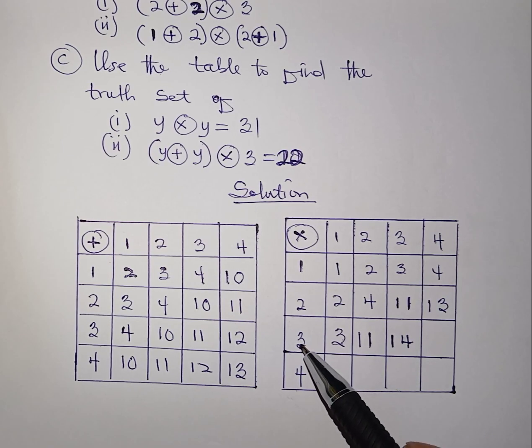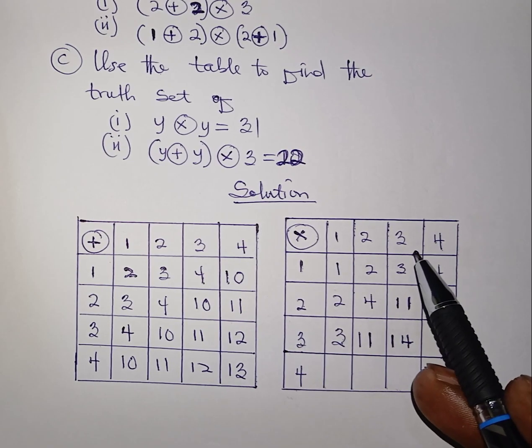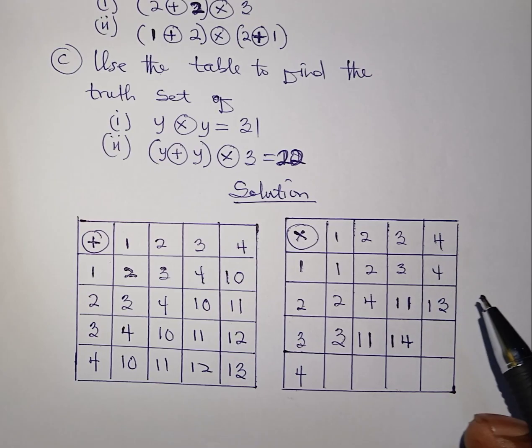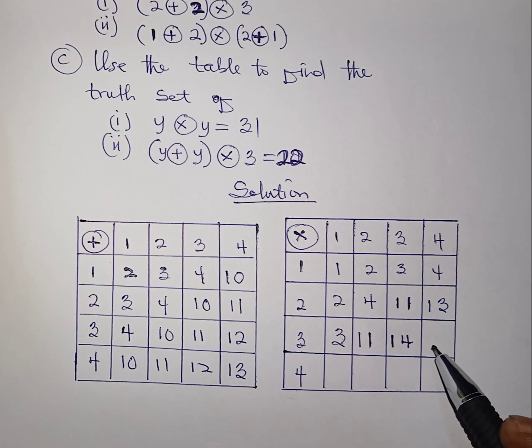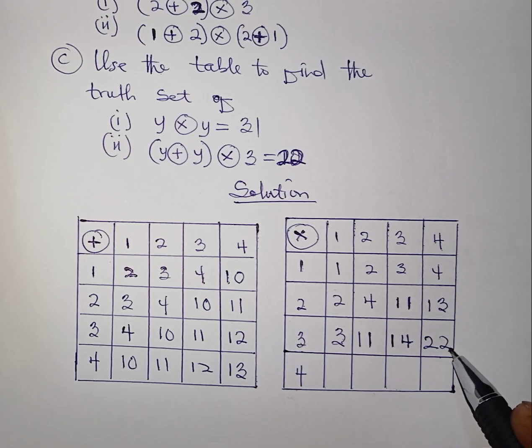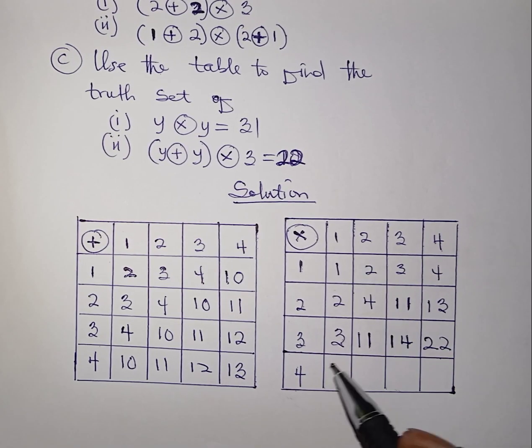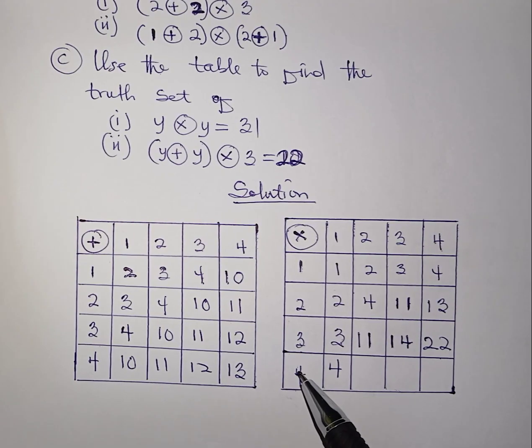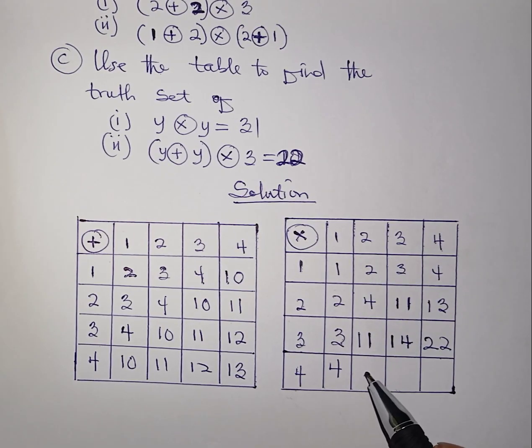Now 3 times 4 gives me 12. For 12, 5 divides 12, how many times? 2, remainder 2. 4 times 1 gives me 4. 4 times 2 gives me 8.